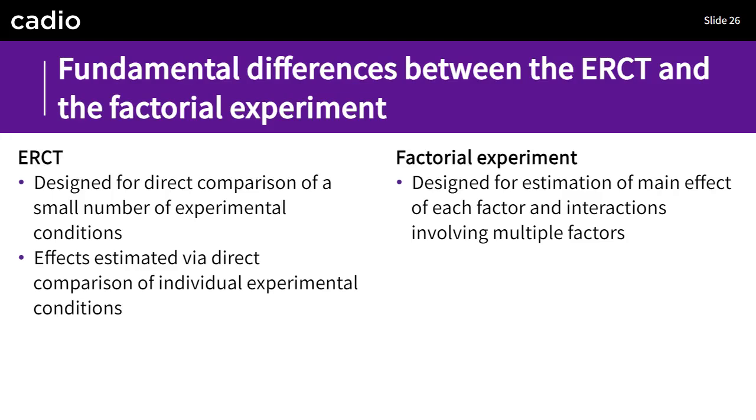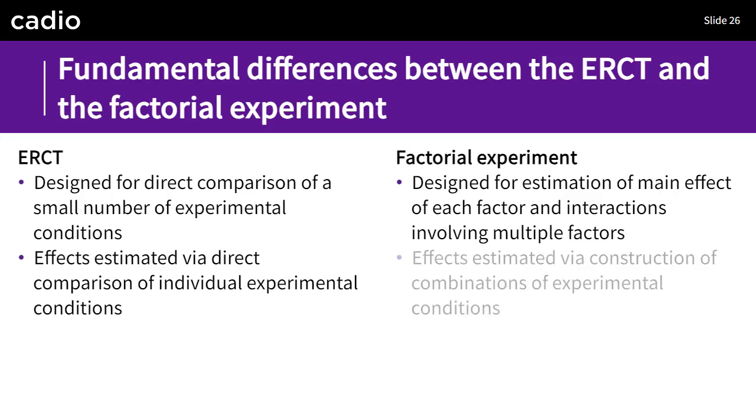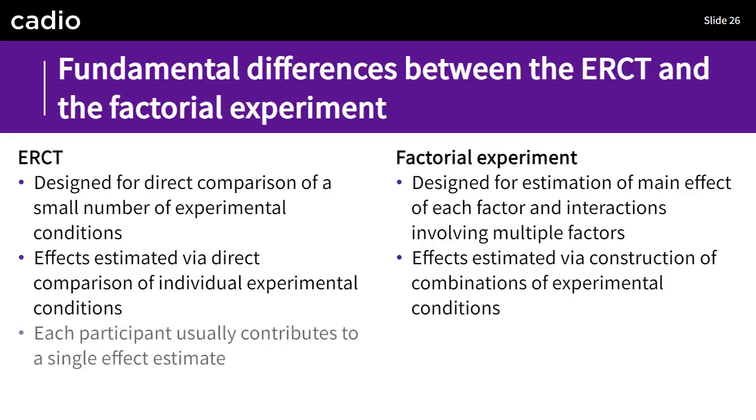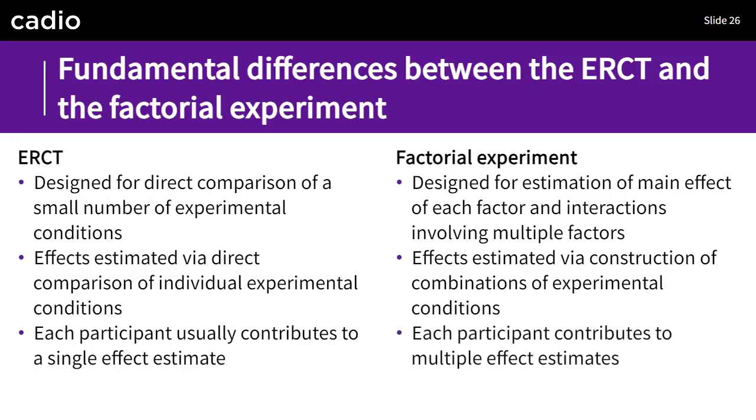By contrast, in the factorial experiment, effects are estimated via construction of combinations of experimental conditions. Finally, in the ERCT, each participant usually contributes to a single effect estimate, but in the factorial experiment, each participant contributes to multiple effect estimates.